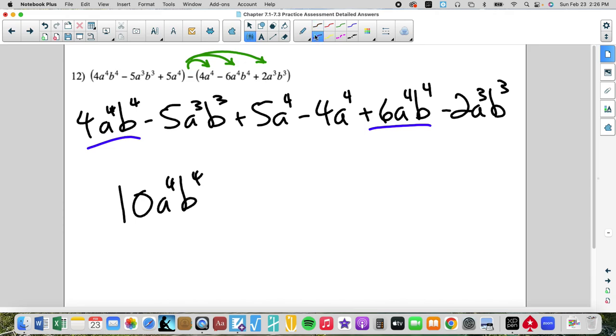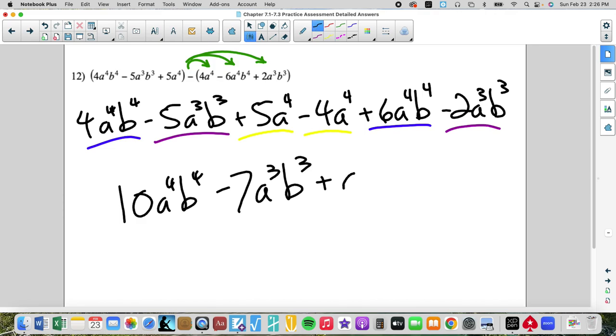My next variable, a to the third, b to the third. A to the third, b to the third. Negative 5 and negative 2 make negative 7a to the third, b to the third. And then I have a to the fourth, which makes a to the fourth. 5 minus 4 is a to the fourth. Now I have to put them in standard form.